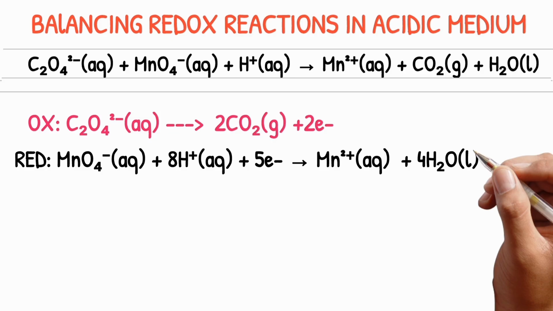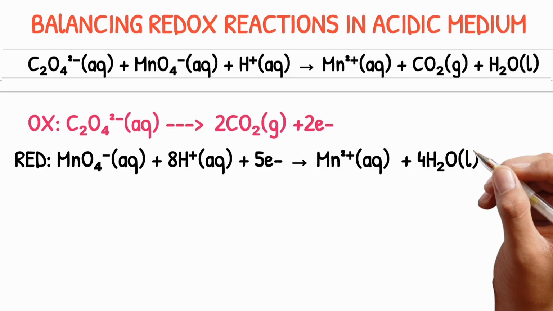These are our half equations for oxidation and reduction. But we are not done yet. Look at the equations. We said oxidation was loss of electrons and reduction was gain of electrons, meaning the number of electrons lost during oxidation must be equal to the number of electrons gained in the reduction reaction.